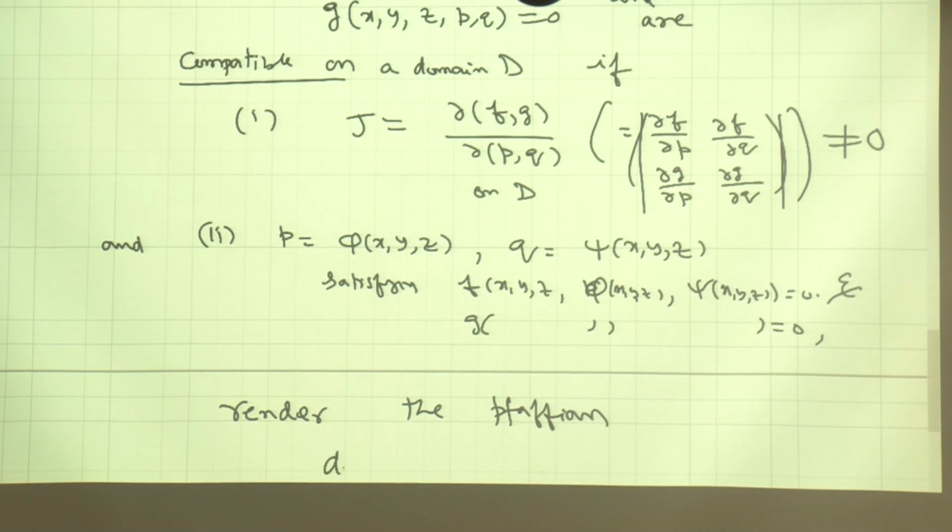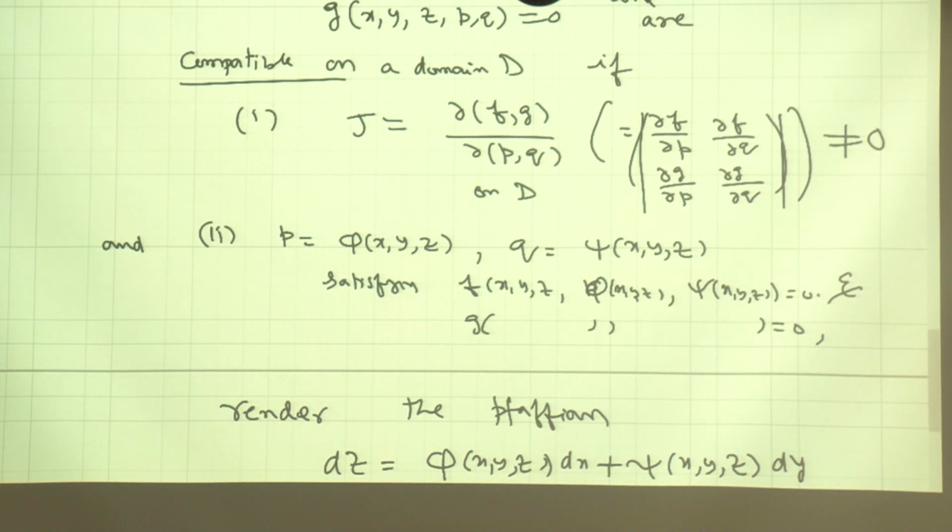Which Pfaffian? dz is equal to phi of x, y, z dx plus psi of x, y, z dy, integrable. Okay? Then I will say these two guys are compatible.